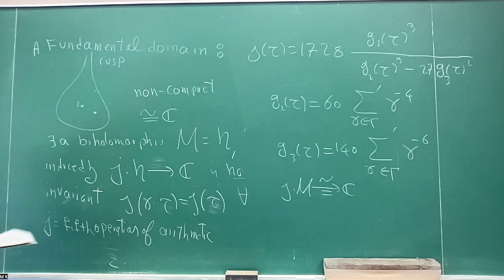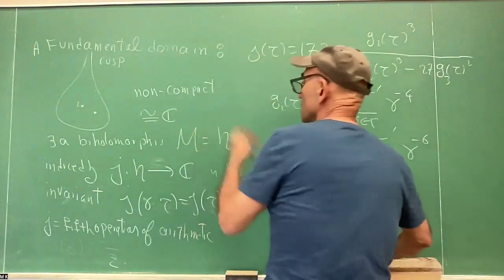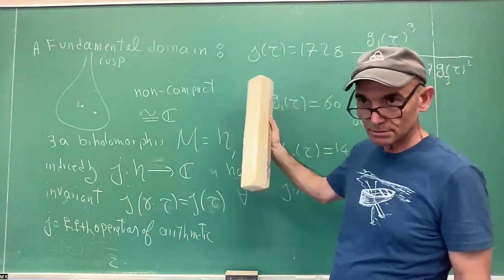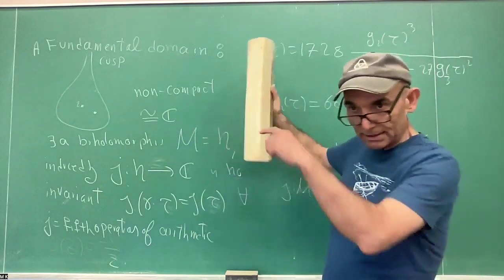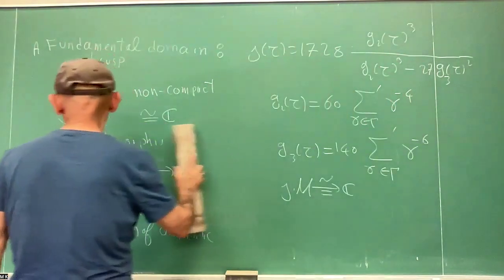Although it's non-compact, it has a finite area. That's another nice calculation I want to show you. Any question about this? This thing, the modular curve, has finite area. So let me show you.